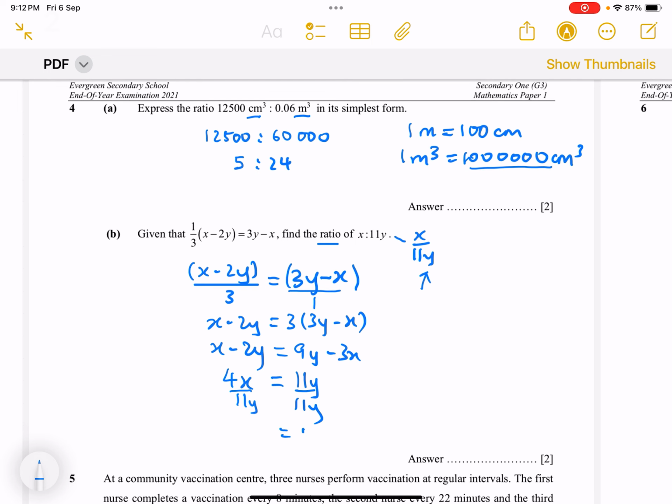And that gives us 4x over 11y, but we only want the x over 11y, so we have to get rid of 4. So 4 is multiplied, therefore we bring over, we divide. So x over 11y equals 1 divided by 4. Because 4 times x, so we bring over is divide. And yeah, we have to write as a ratio. x is to 11y is just 1 is to 4.